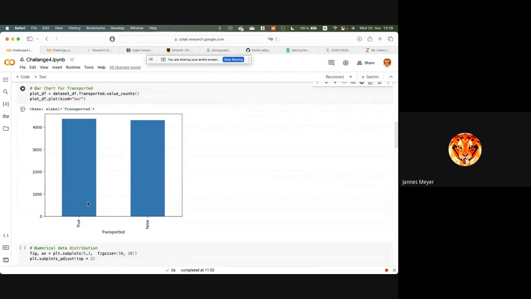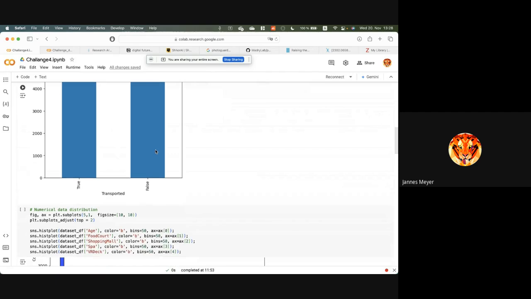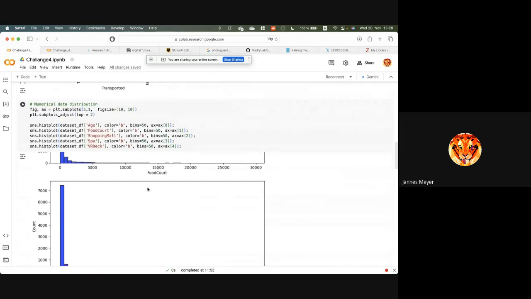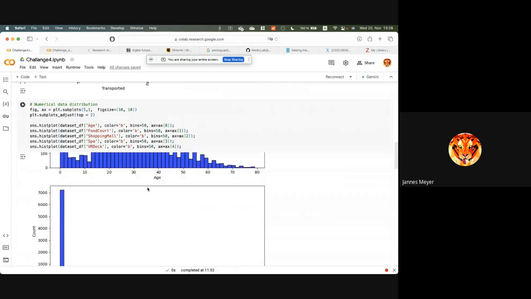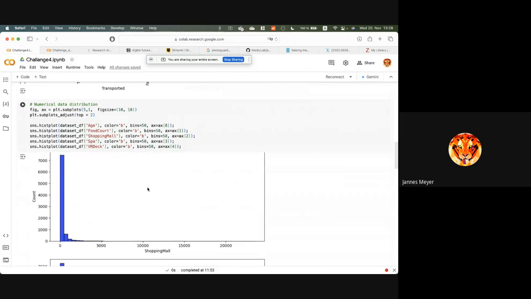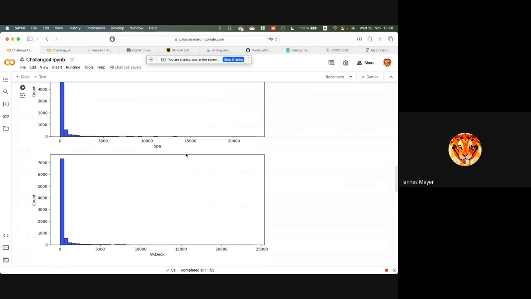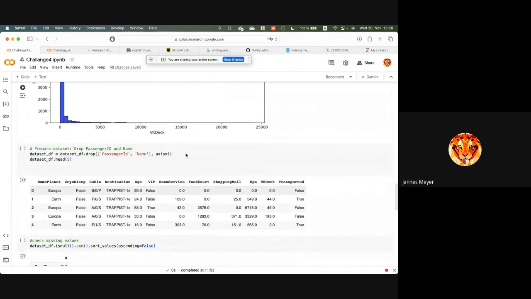It's nearly the same. So half of the passengers will be transported, the other half not. Then we also looked at the distribution of the age and of the other values, like food court, shopping mall, spa, the luxury stuff, the RDEC, and we also started with some preparation of the data set.